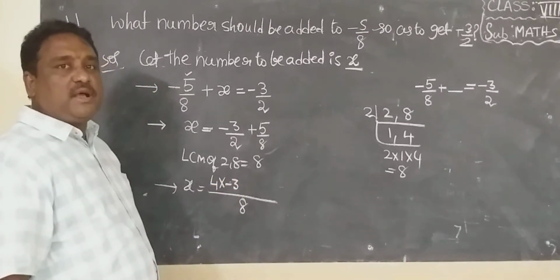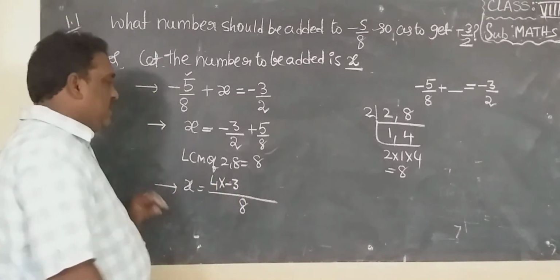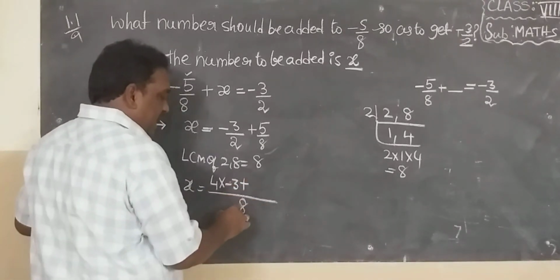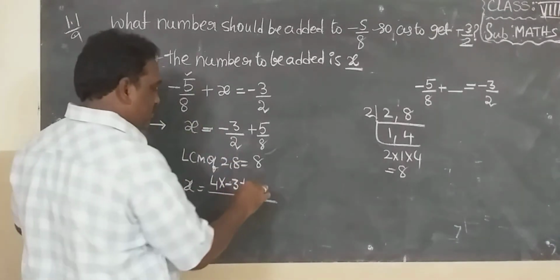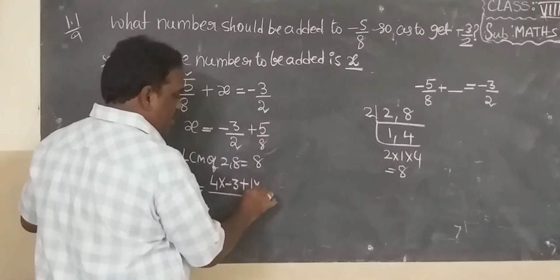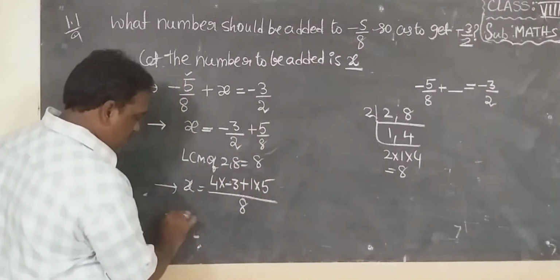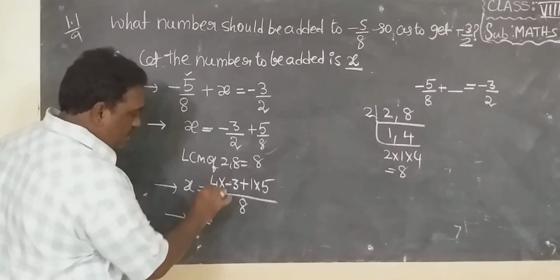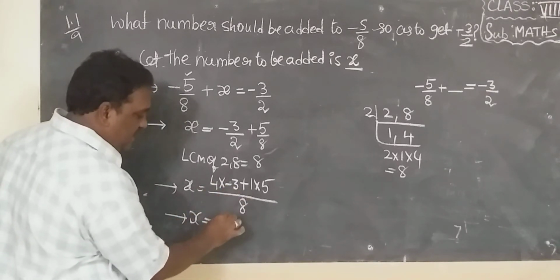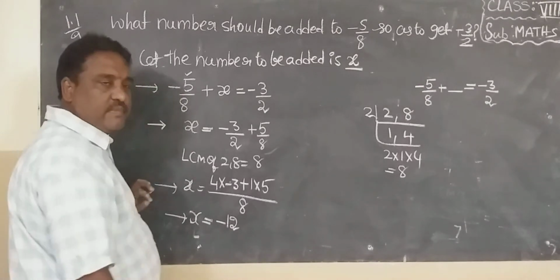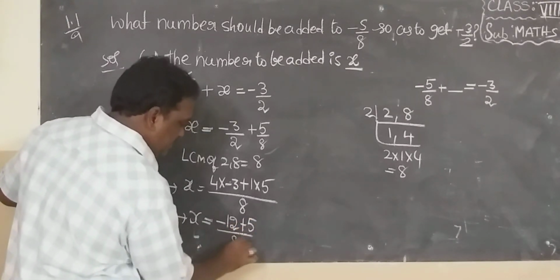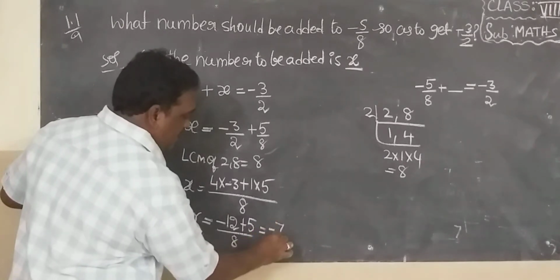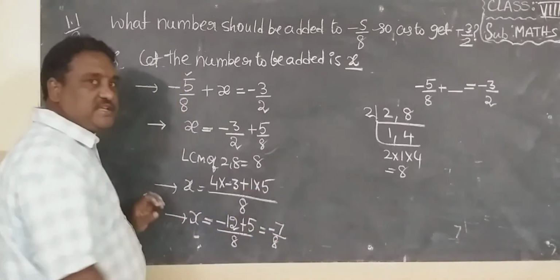It becomes 4 into minus 3 plus 8, 8 how many times? 1 time. What is the numerator? 5. 1 into 5. Then x equal to 4 into minus 3, minus 12, 1 5s are 5 by 8. Now let us do subtraction. Minus 7 by 8 is the answer.